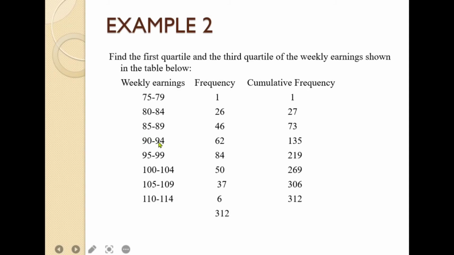The lower class boundary of this class is 89.5, which is the lower class limit minus 0.5. The frequency of that class is 62. And of course, the class size of 90 to 94 is 5: 90, 91, 92, 93, 94.